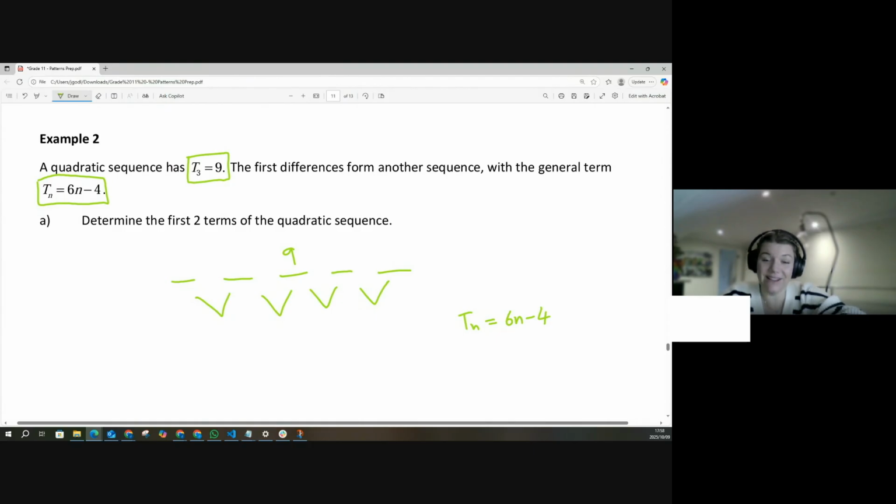Haven't you heard that saying? If you assume, you're making an ass out of you and me. T2 is not 3.